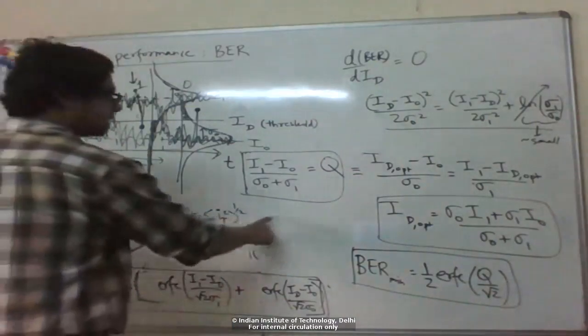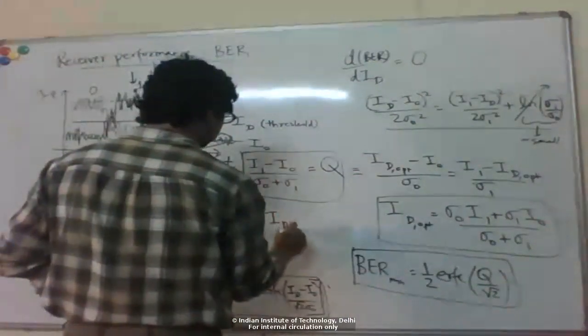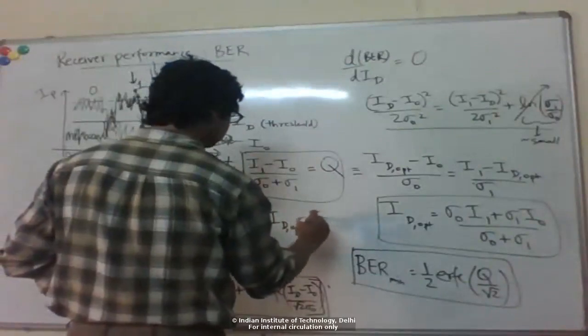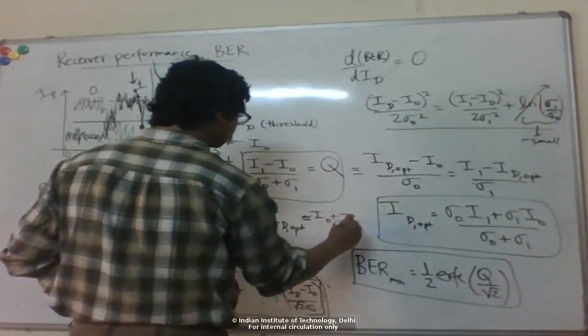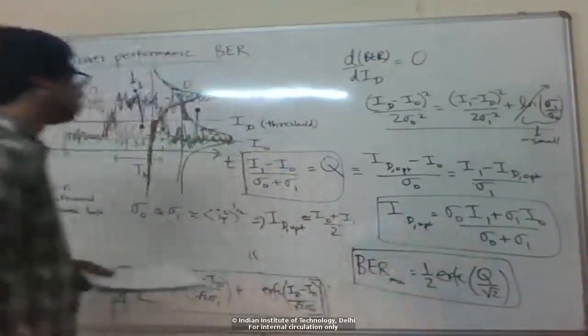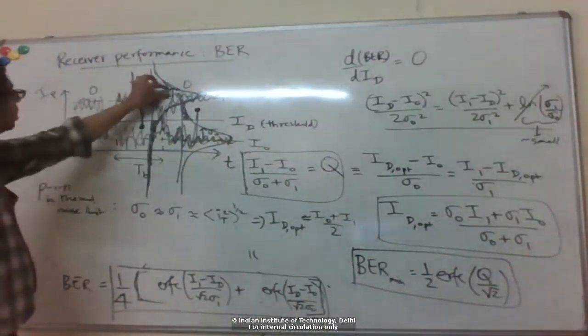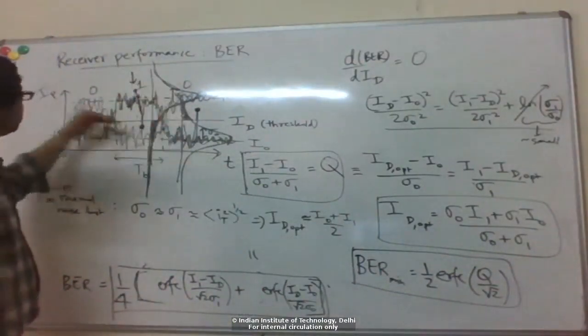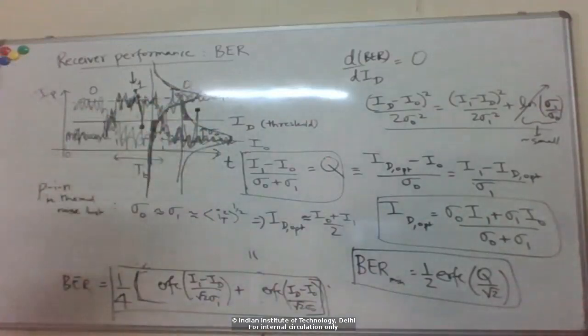In that case, you can see here that the optimum detection threshold is just the average of I0 and I1. That's what you would naively expect. If you have equal noise on both bit 0 and bit 1, you just set the threshold in the middle of I1 and I0. That's the best.